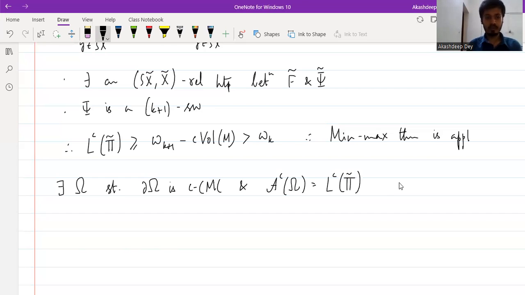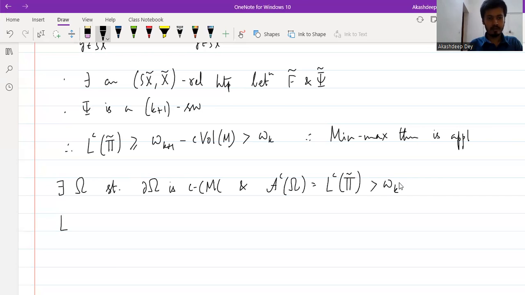And we already proved that L^C pi tilde is greater than omega_k. So in the statement of theorem 2, we had the existence of omega such that boundary omega is CMC, and then we had an upper bound and a lower bound for A^C omega. So we already have proved the lower bound for A^C omega. A^C omega is greater than omega_k.